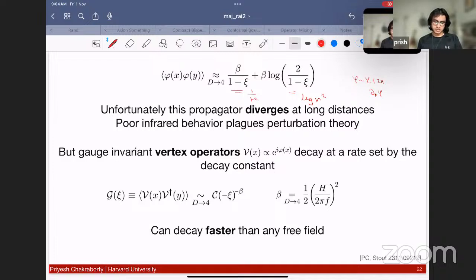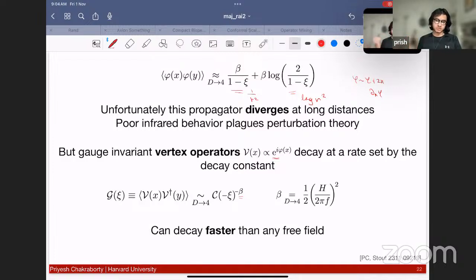What's more interesting are these so-called vertex operators, which are exponentials of phi. And if you compute the 2-point correlation function of these vertex operators, you find that these do decay at infinity. And this decay rate in 4 dimensions, which I'll call beta, is set by the ratio of Hubble over F squared. So physics is very different now for a compact scalar field.